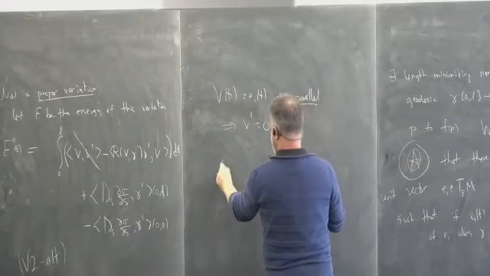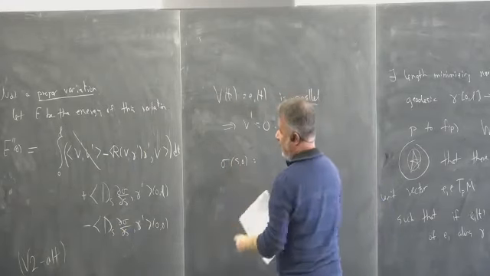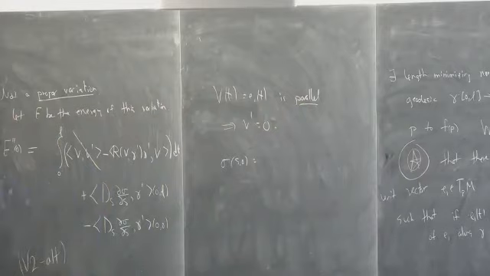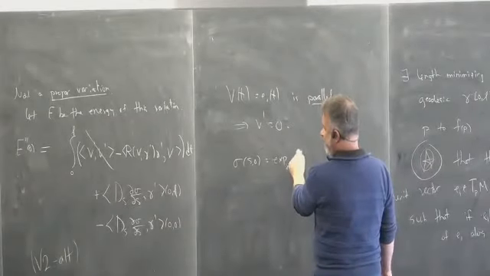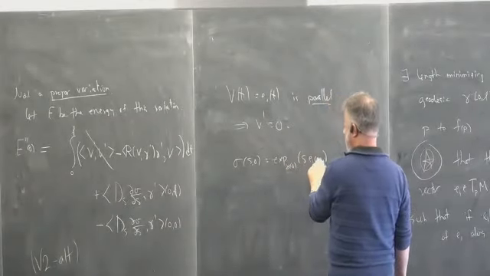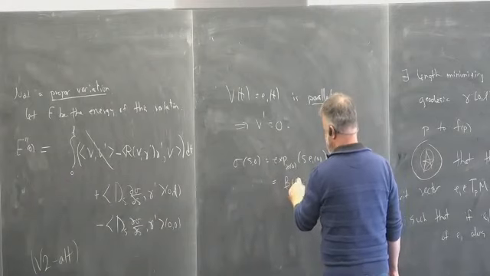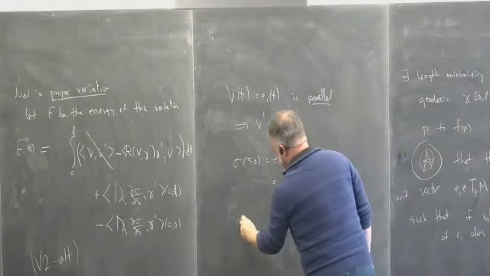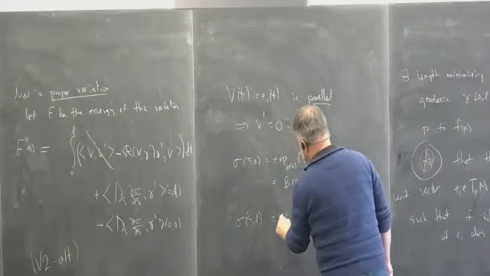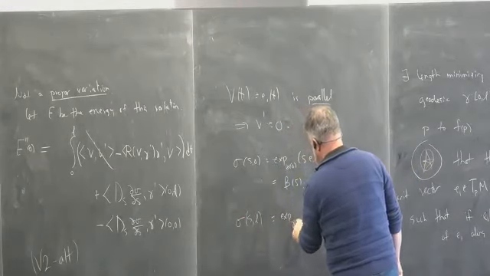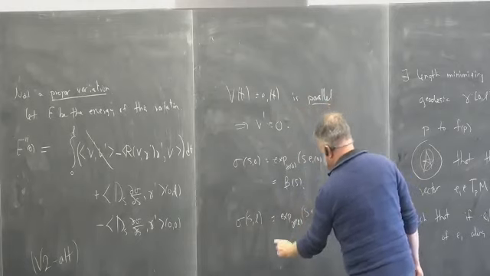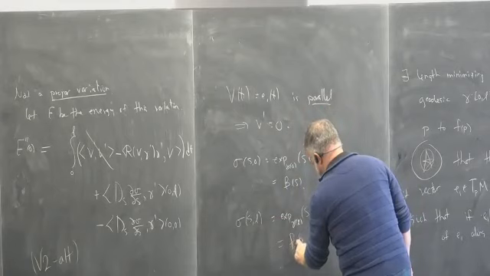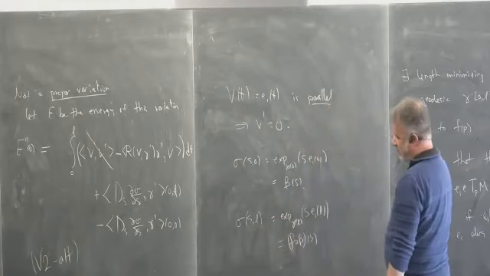Also, what is sigma of s, 0? If we look at the formula for sigma, it's the exponential map of gamma(0), applied to s E1(0), which is exactly beta of s, right? And sigma of s, L is the exponential map at gamma(L) of s E1 of L, and that's F composed beta of s, right?